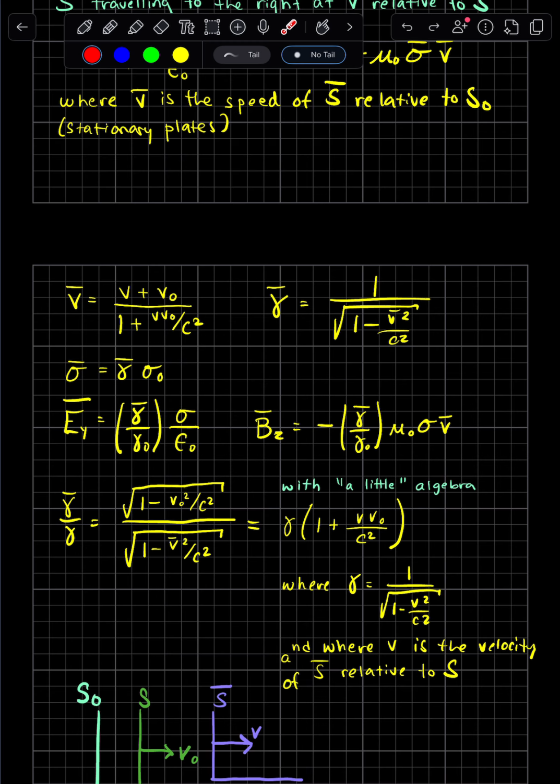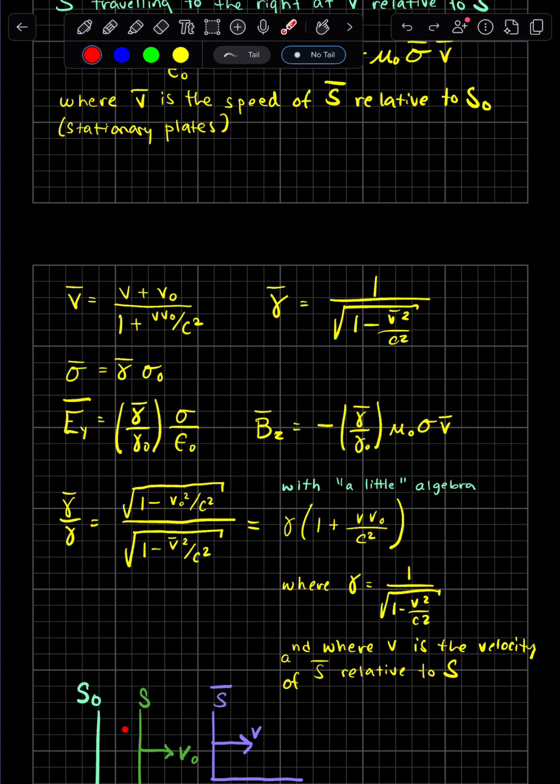Well, we were talking about v bar, the velocity of the frame S bar relative to the stationary frame. But what this formula does is it tells us this ratio specifically in terms of the velocity of S bar relative to S, which is v, and then S relative to S naught.